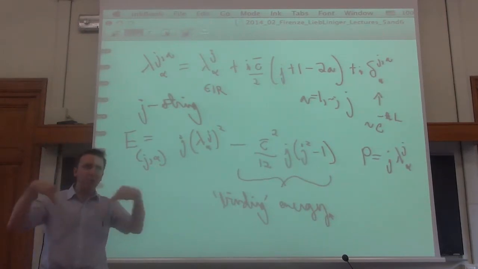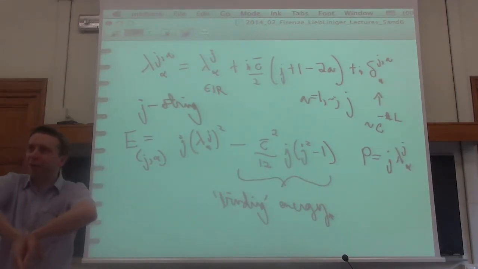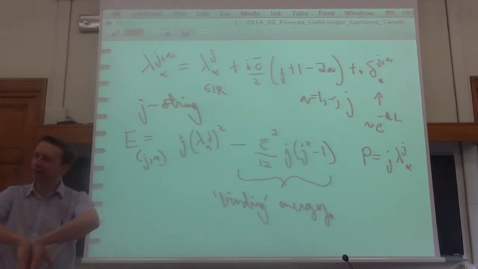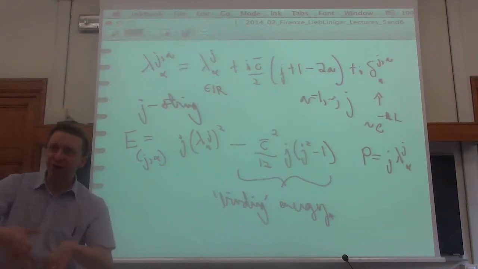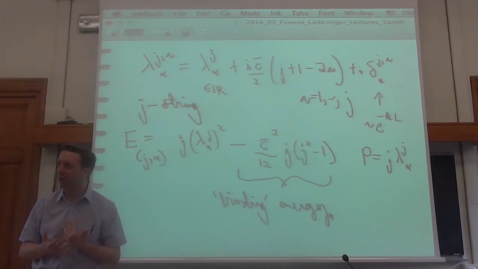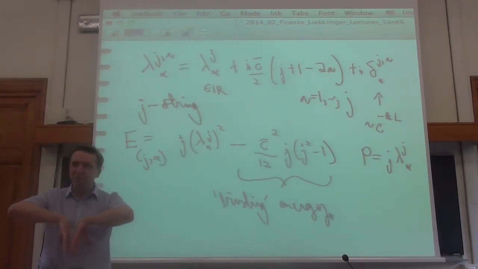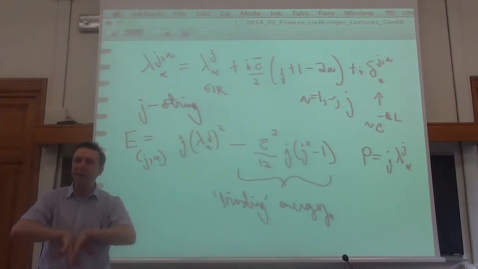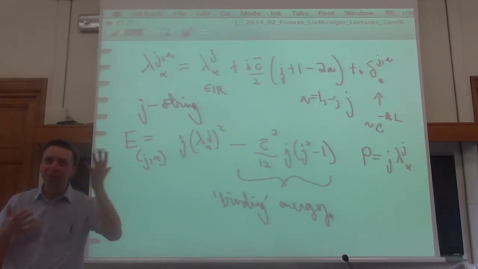But the more particles you put into the bound state, the more attractive the potential becomes for the other particles. And because the delta function is not saturating, it can take arbitrarily large values, there is no limit to the binding energy that you can have. If you throw more particles in, the binding energy grows faster and faster.